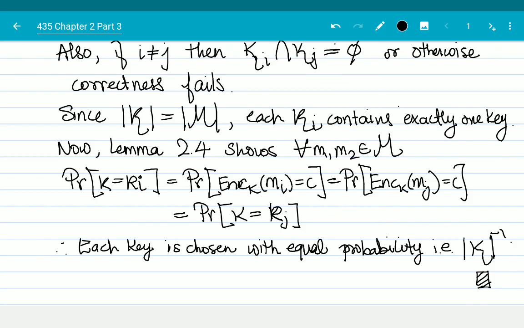Okay, so Shannon's theorem is useful for deciding whether a given scheme is perfectly secret. It is easy to check conditions 1 and 2.